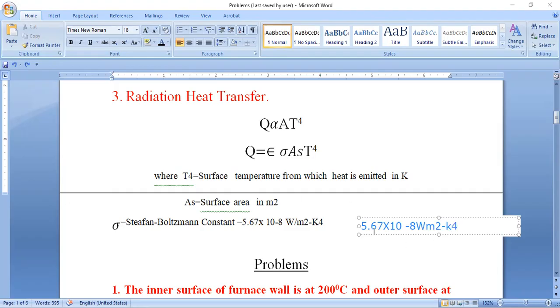This is the Stefan-Boltzmann constant. There are three equations that are very, very important in heat transfer.